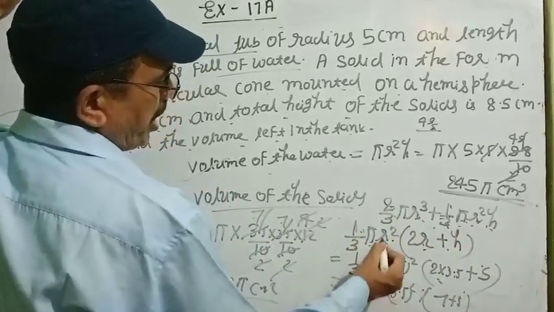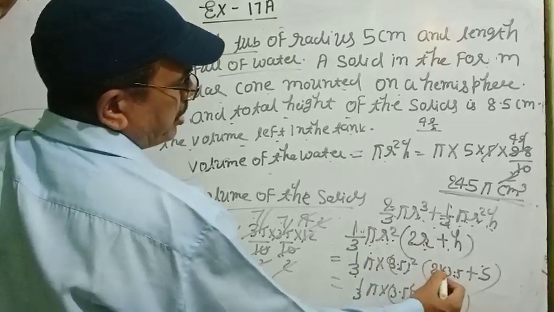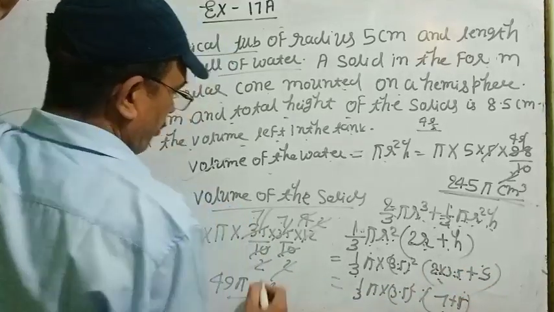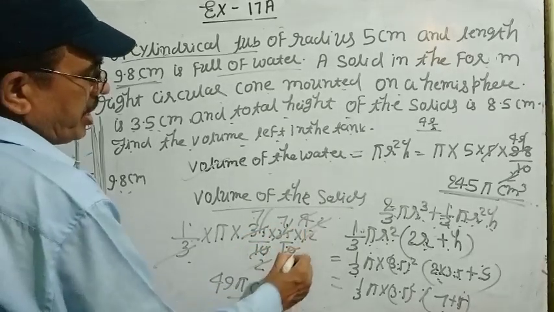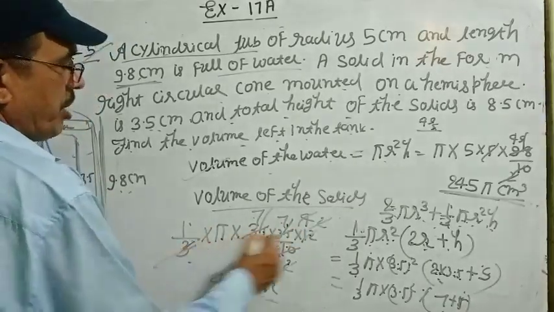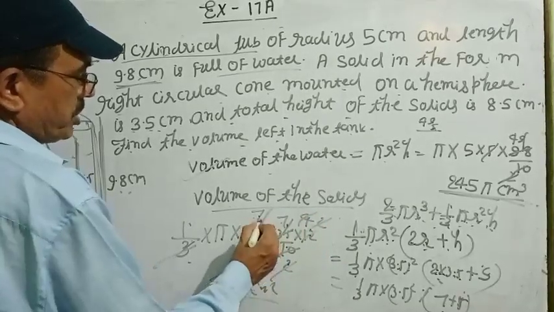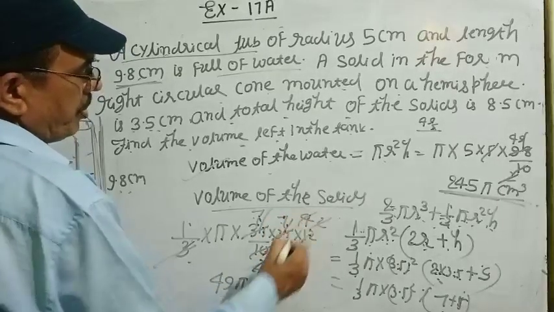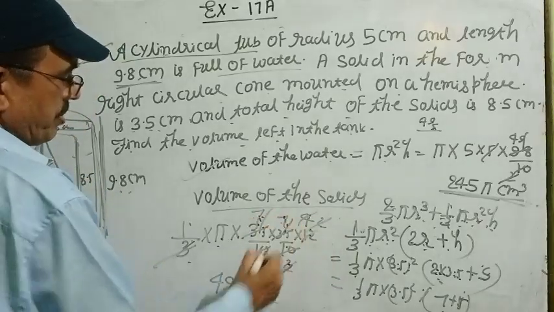Then 1 by 3 pi, 3.5 square, 2 into 3.5 plus 5, that is 7 plus 5, which is 12. Cancelling, we get 7 into 7, that is 49.